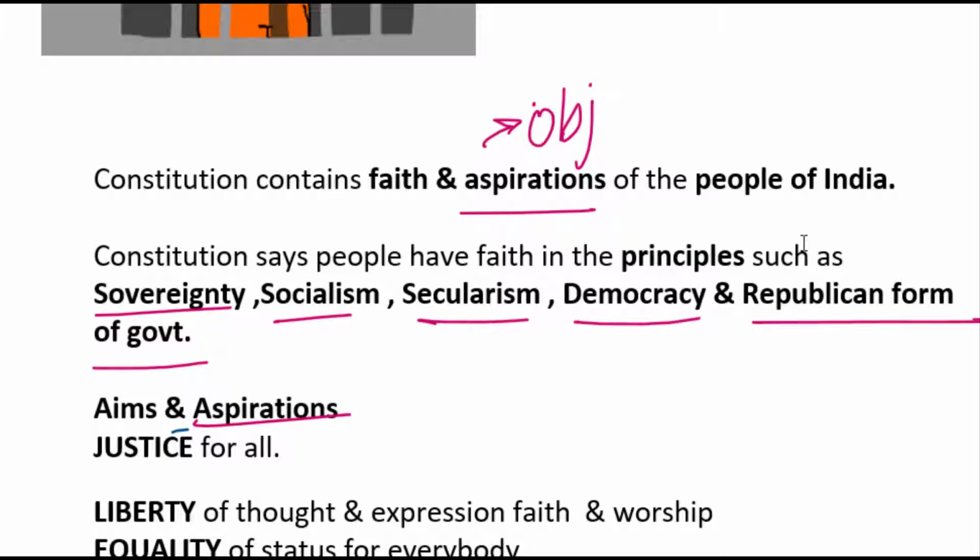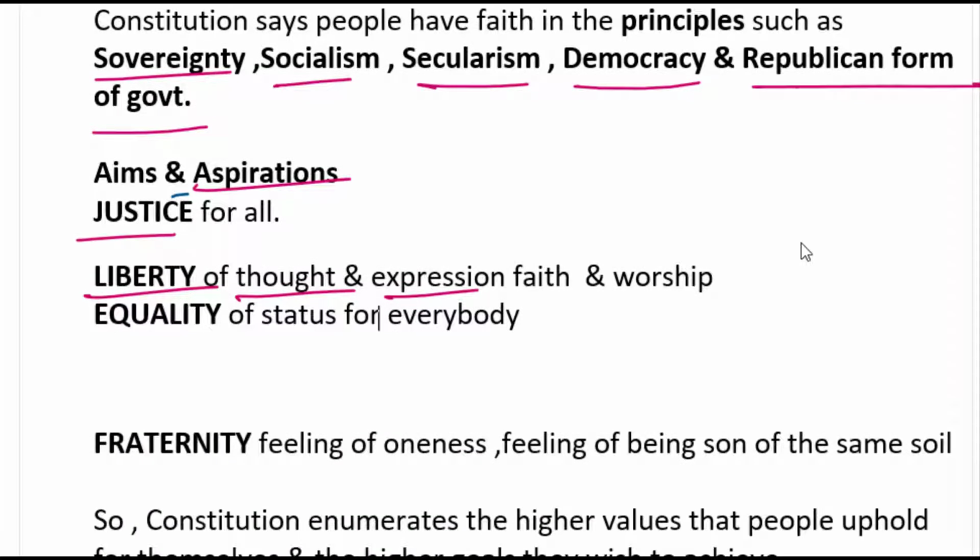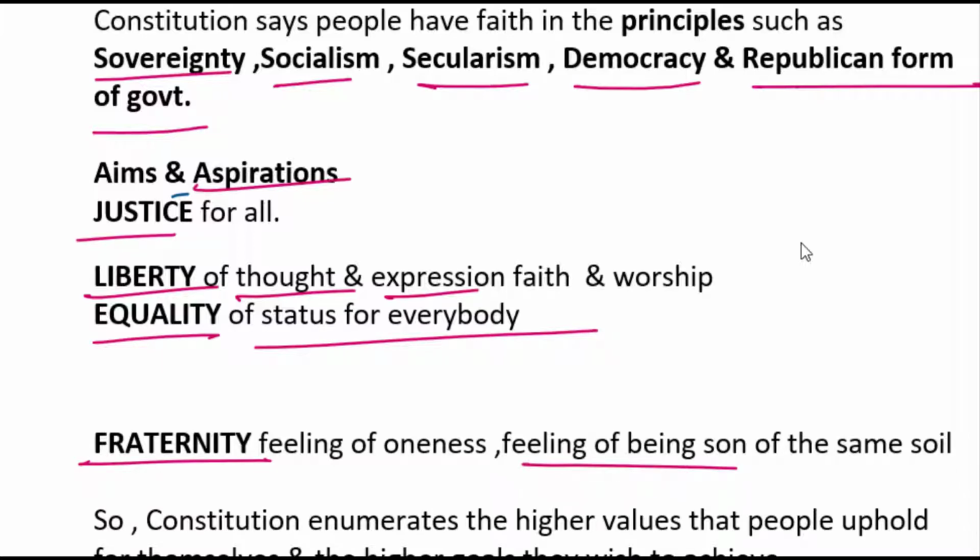We wish to secure justice for all, and assure liberty of thought, expression, belief, faith, and worship. We want to ensure equality of status and of opportunity for everybody, thereby promoting fraternity. Fraternity is the feeling of oneness, the feeling of being the sons and the daughters of the same soil.